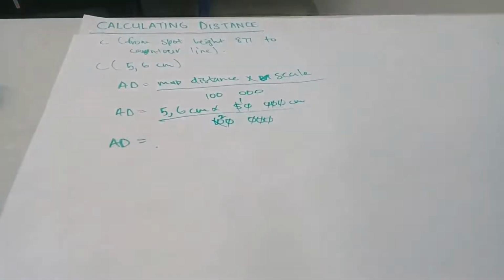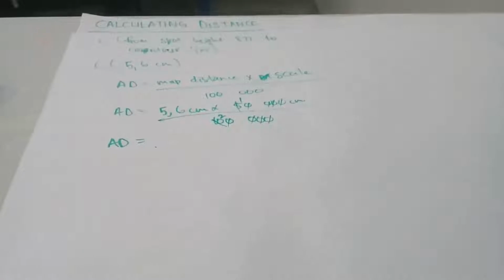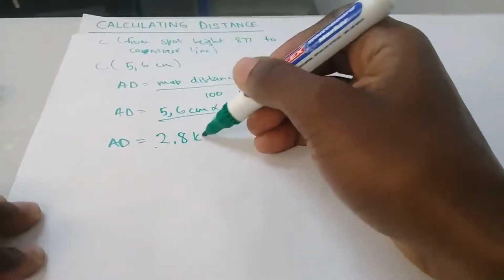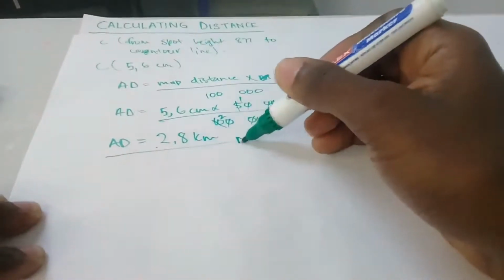So by pressing it in our calculator, let's go and see. 5.6 multiplied by map distance 50,000 centimeters divided by 100,000, it's 2.8 kilometers. That's the answer.